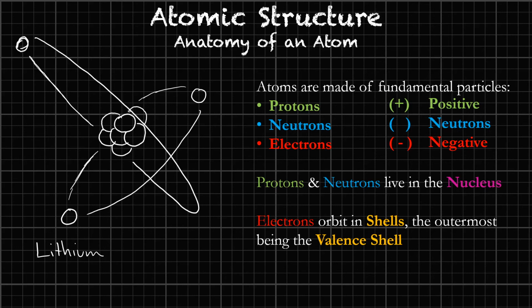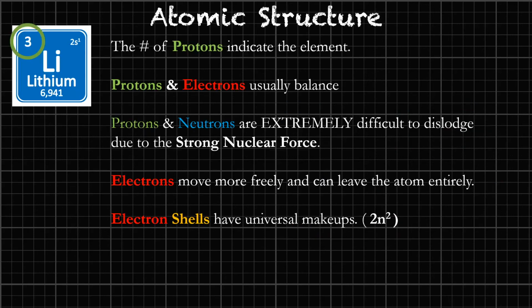The outermost shell being known as the valence shell. Moving on, it's the number of protons that indicates the element. By changing the number of the protons, even though the components are identical, that's what gives us different elements and therefore different materials.